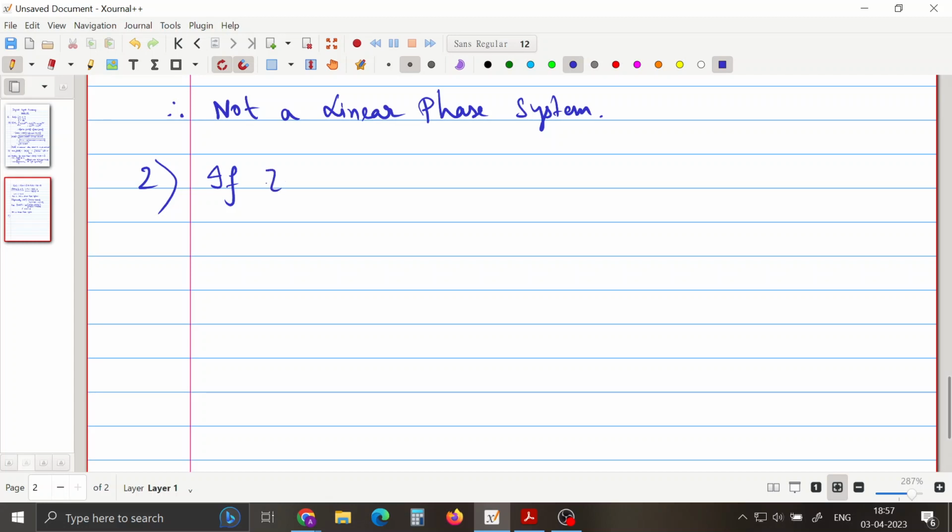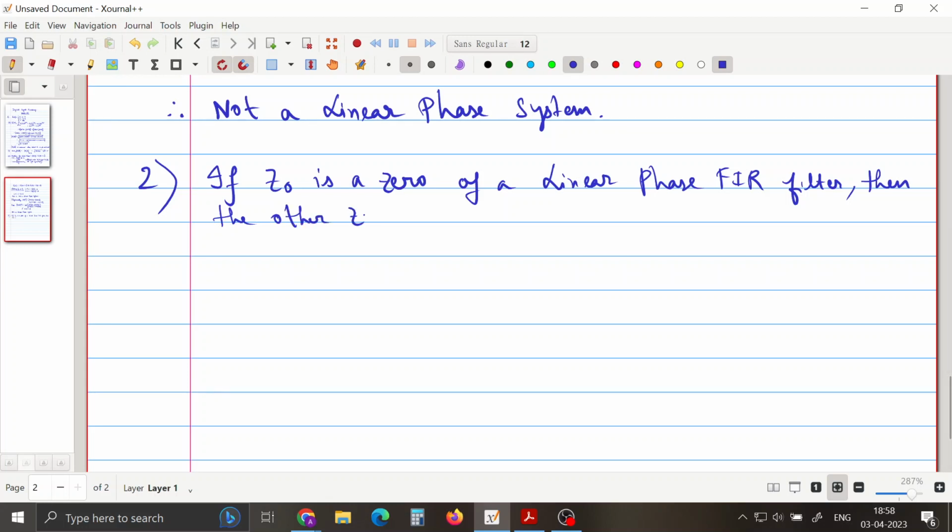If z0 is a 0 of a linear phase FIR filter, then the other zeros are: at first we have its complex conjugate, which is z0 star.